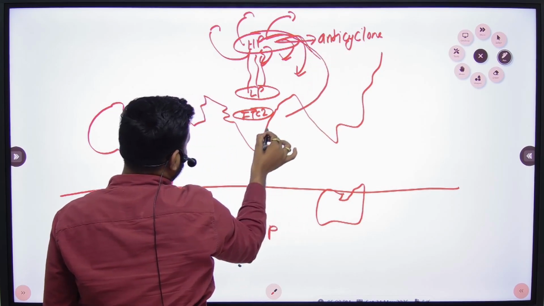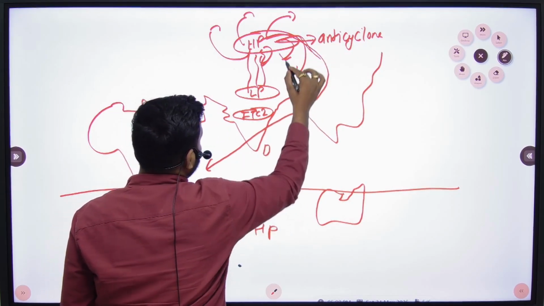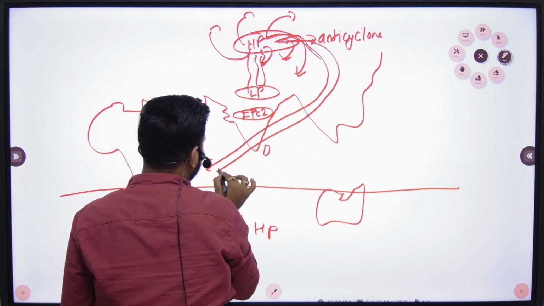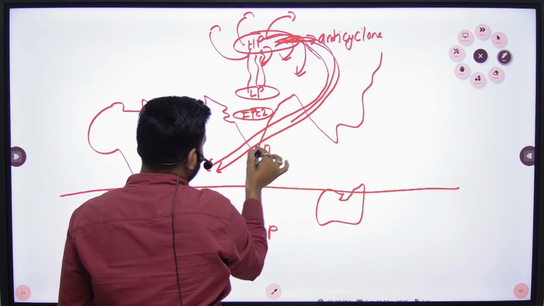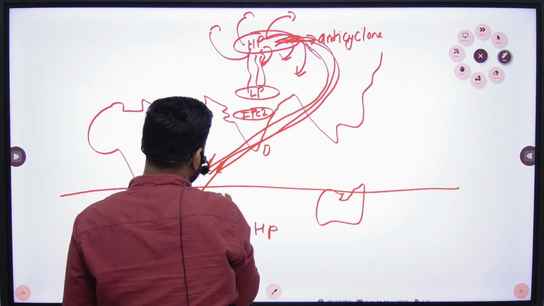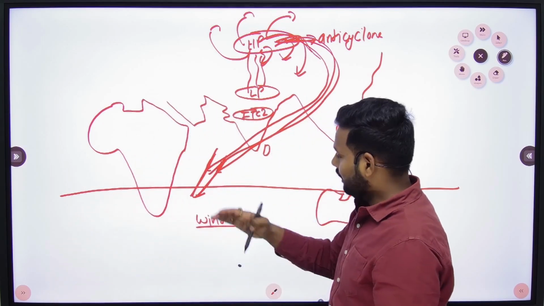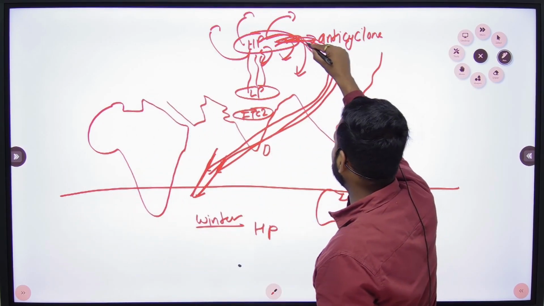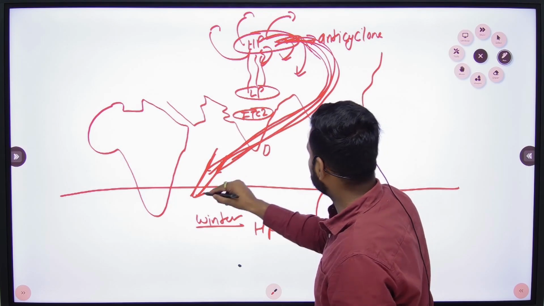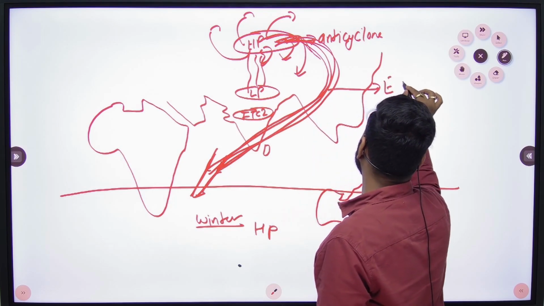And under the influence of Coriolis force, look at this, when it passes over the northeastern direction, because of the Coriolis force, it deflects rightward and it converts into the easterly jet stream.